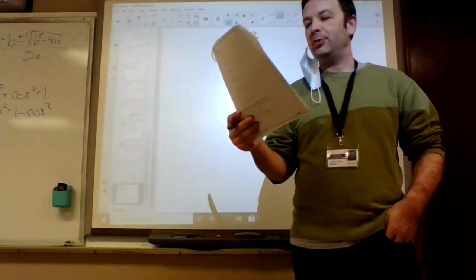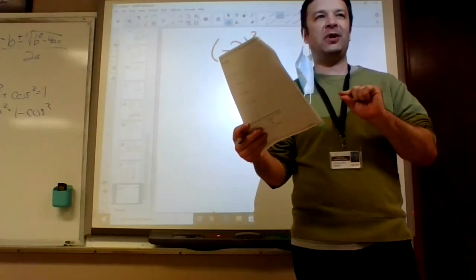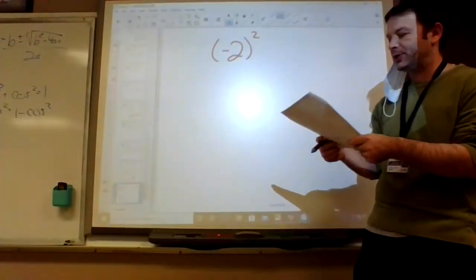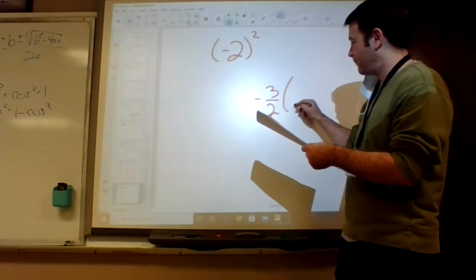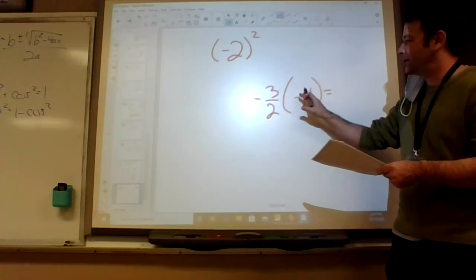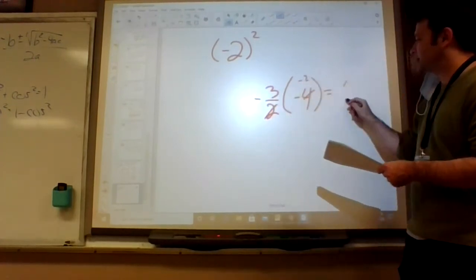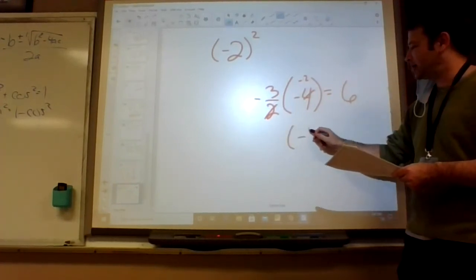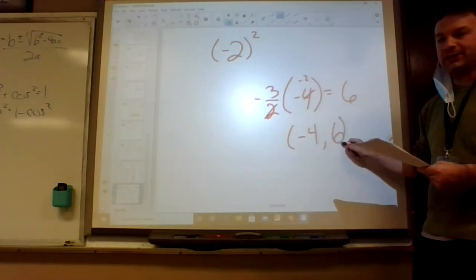Number 6 and 8 are the same thing, except you have to graph each point. So for example, on number 6, when I plug in -4 and multiply that together, I'm going to get +6. So when x is -4, y is 6.